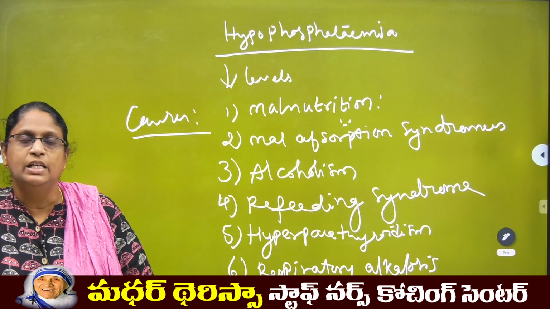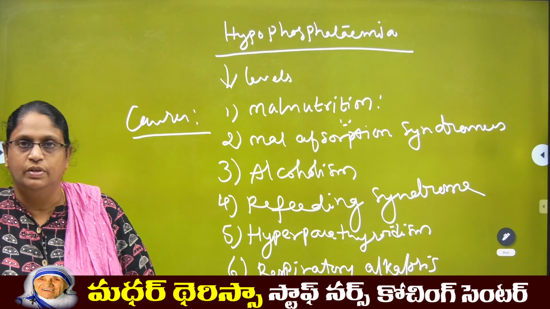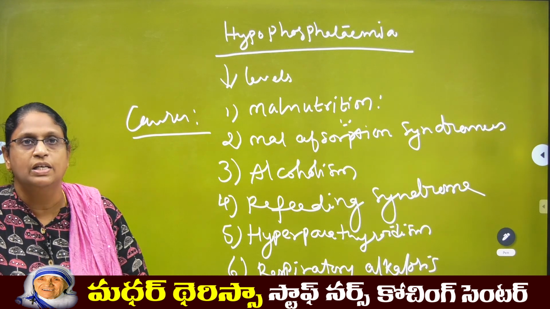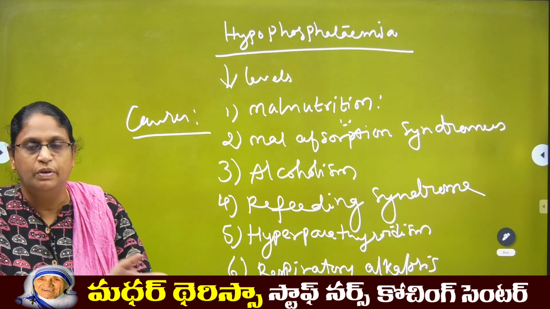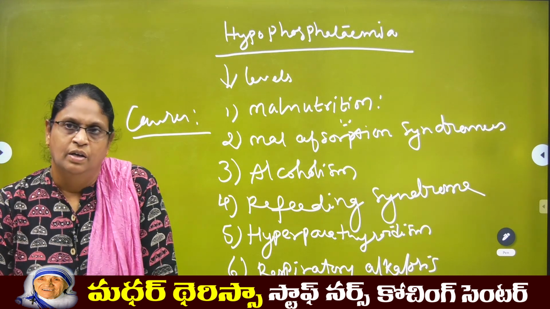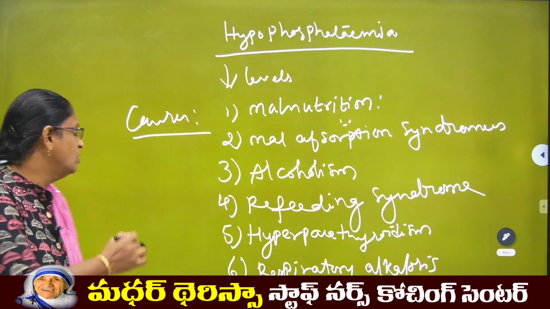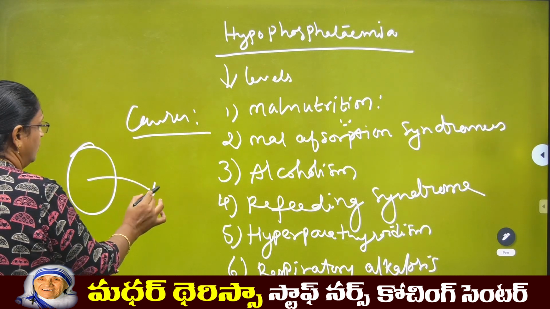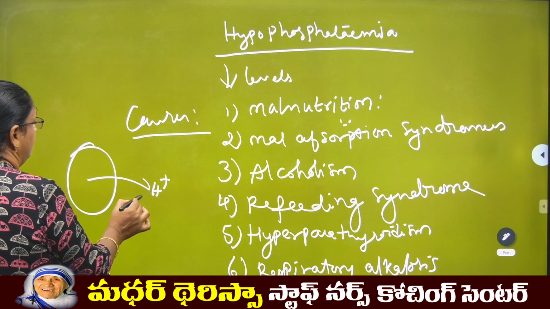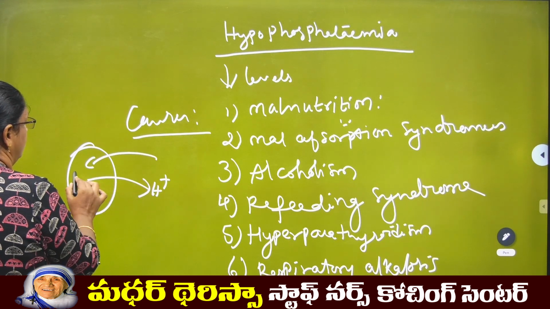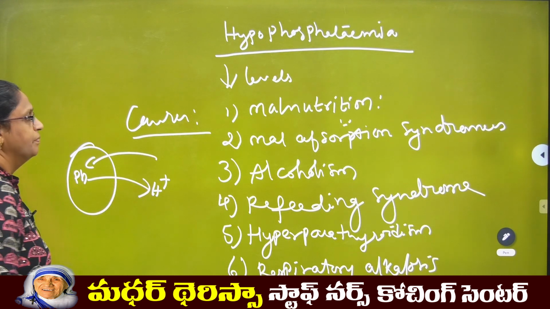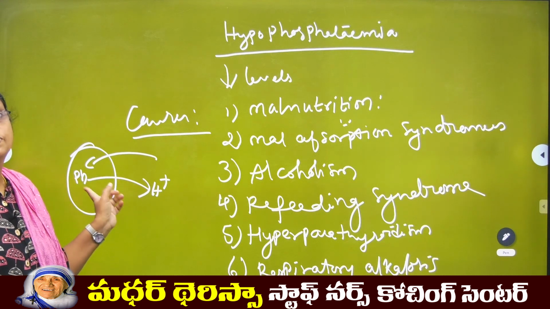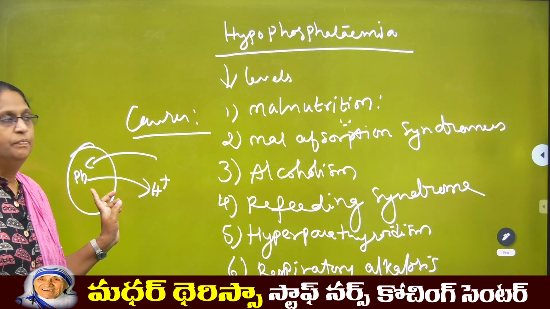All the cells will be taking phosphorus into them in exchange for extracellular hydrogen ions. Suppose this is the cell, they will be giving out hydrogen ions and taking in phosphorus. So what happens in the circulating blood? This phosphorus will get reduced, right?